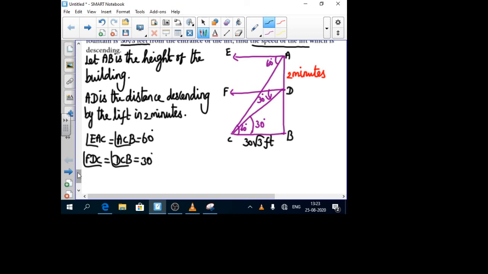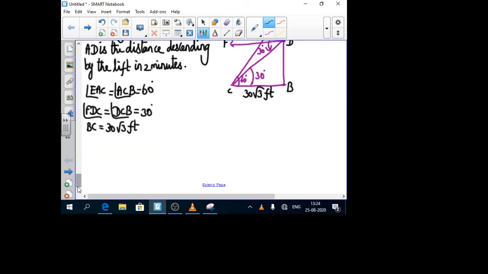Next, they give BC equal to 30 root 3 feet. We keep it as it is. In the question they give the answer in feet only. We have to complete the triangle. So we choose the first right angled triangle.